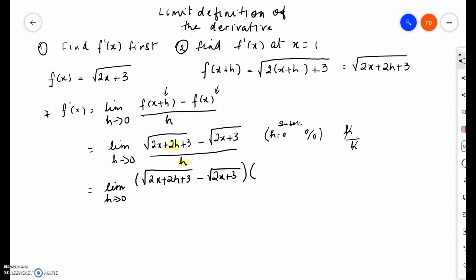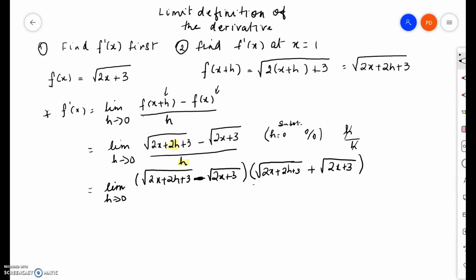So what's the rationalizing factor? So here we are. The rationalizing factor is, do you see a minus here? Everything remains identical except that we change the minus to a plus. So that becomes a plus radical 2x plus 3.